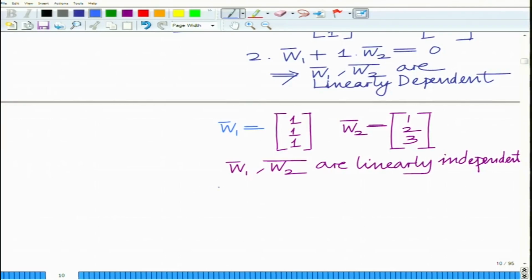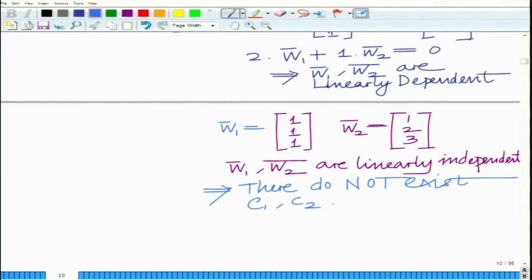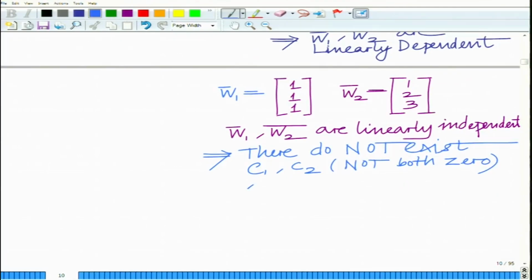All right, this implies that there do not exist C1 comma C2, not both 0, that is, one of them can be 0, such that C1 w bar 1 plus C2 w bar 2 equals 0.